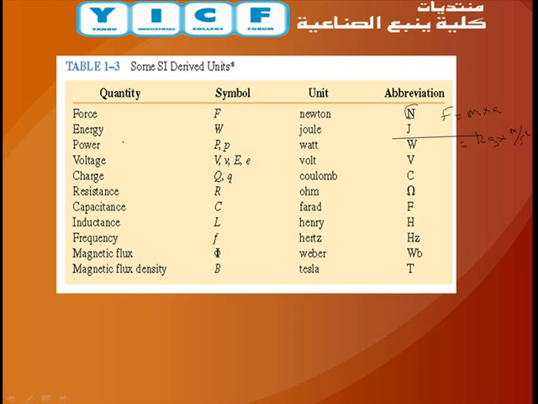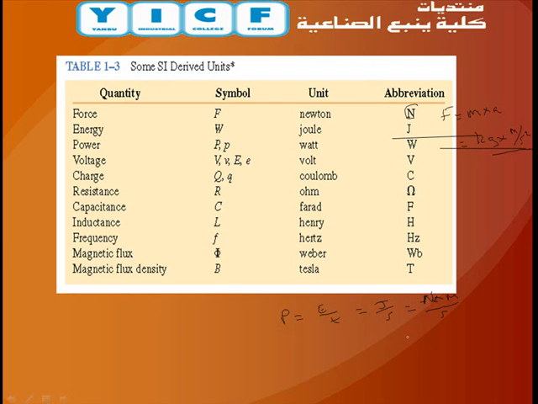For example, the power. The power is energy over time, and energy is measured in joule and time in seconds, whereas joule is derived from force multiplied by distance, force in Newton and distance in meter, whereas the Newton, as we discussed here, is this unit.